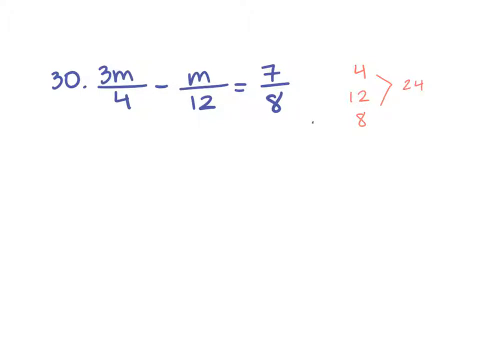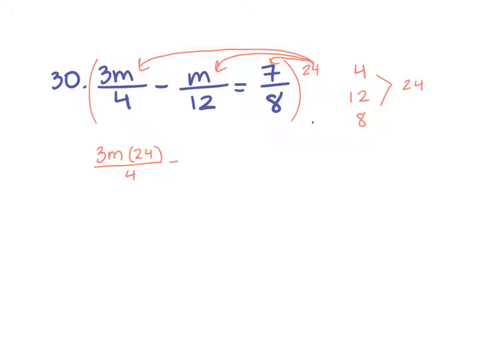So I'm going to multiply the whole problem by 24. I'm going to distribute the 24 to the 3m over 4, to the m over 12, and to the 7/8. So I end up with 3m times 24 over 4 minus m times 24 over 12 equals 7 times 24 over 8.